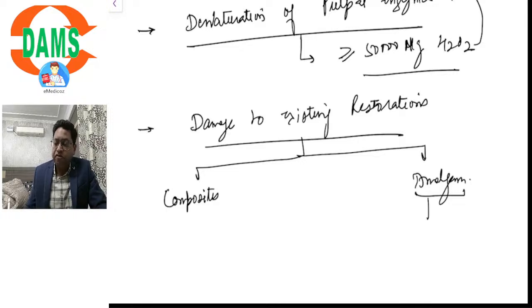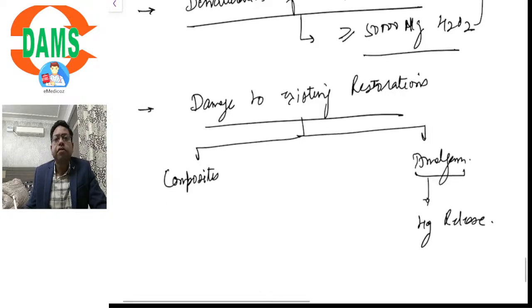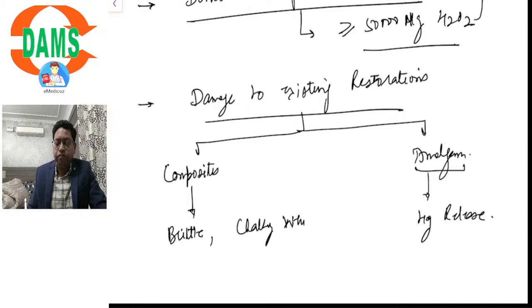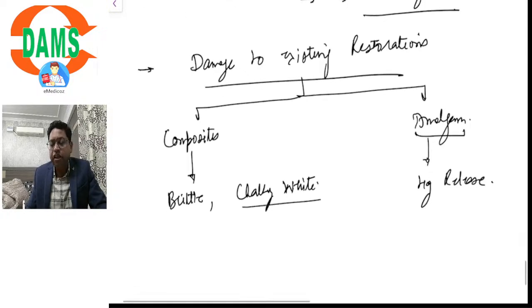These amalgam restorations have the potential of mercury release due to application of these strong bleaching agents. Similarly, dental composites can become brittle and chalky white. They can become unesthetic, with discoloration, going from translucent to chalky white due to application of strong hydrogen peroxide.